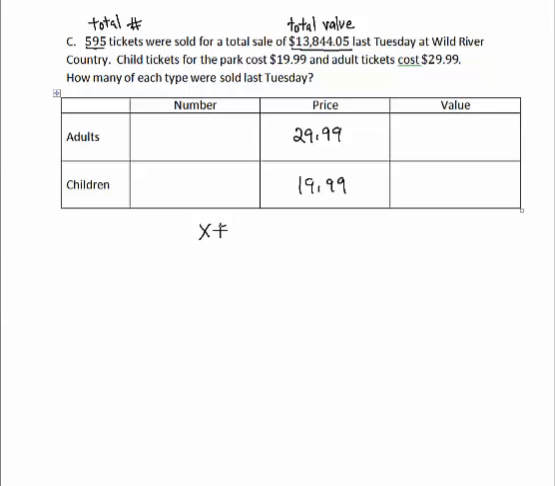So if I take my variable and pick adults or children, it doesn't matter which, but I'll say x equals the number of adult tickets sold, then I can place x directly into the number column for adults. And if 595 tickets total were sold, then I've used up x of them. And so the remainder, 595 minus x, would be placed into the children's row for the numbers column.